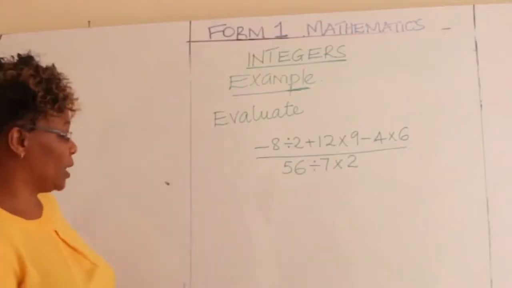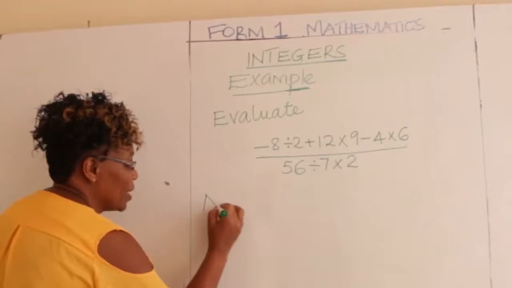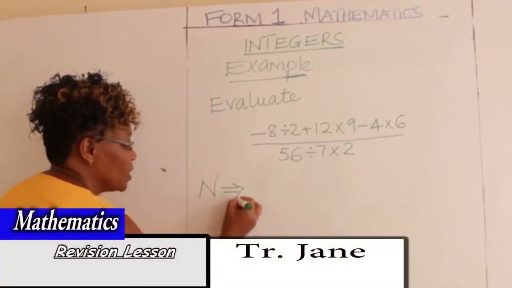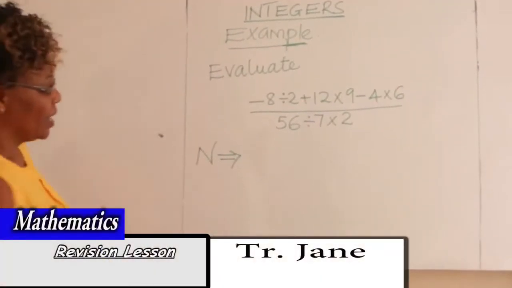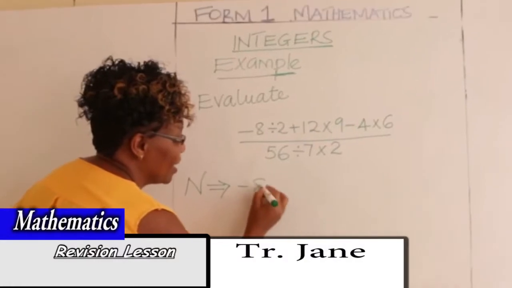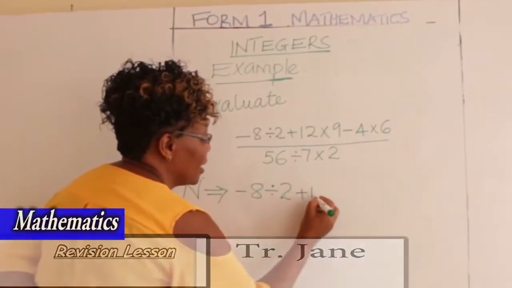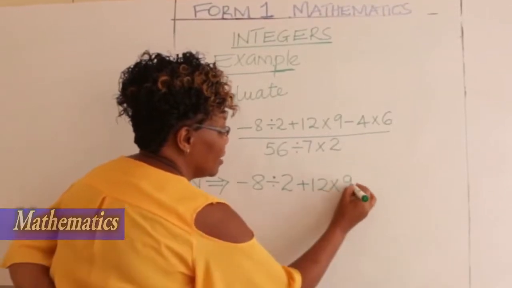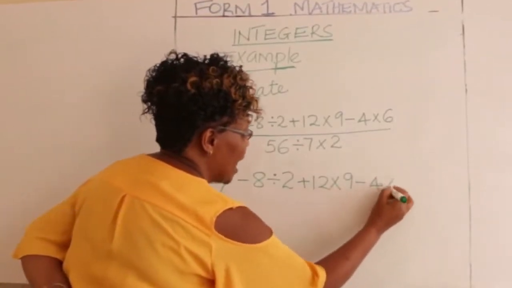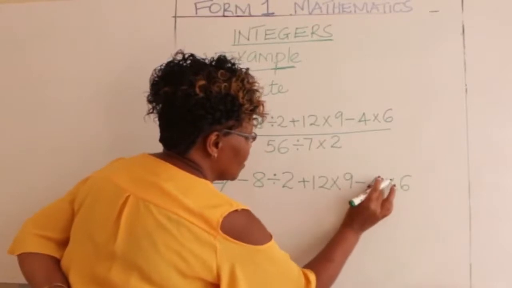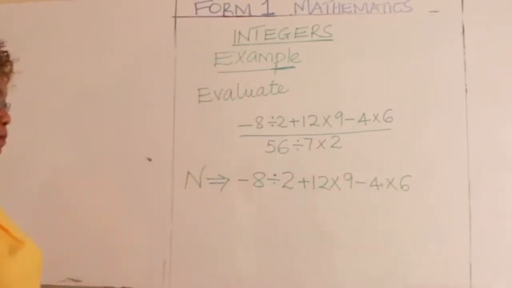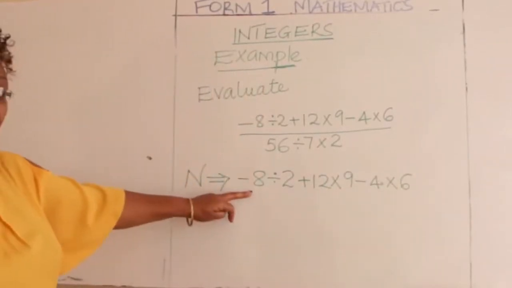So you take the numerator, you can symbolize the numerator with N. Rewrite it again, just write it down again. Minus 4 times 6. To work out these, you use what?